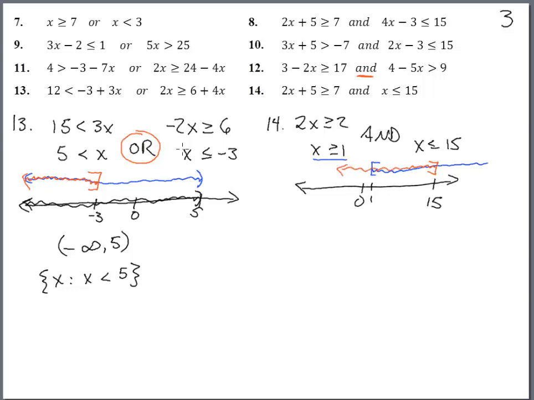So our solution, red and blue make purple. So we have in interval notation 1 up to 15 closed on both sides, and then x is less than or equal to 15, less than or equal to 1, and a cute little x with some braces around it, and that does it.